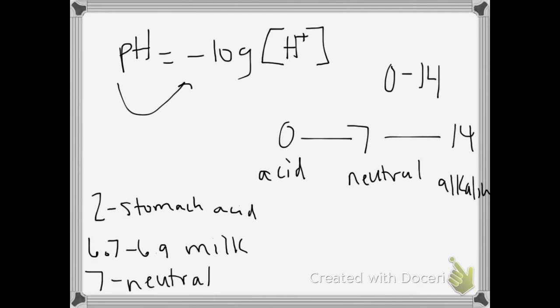And I say supposed to because we don't have pure water. Who knows what's in our water? And then some basic stuff. You have stuff like sodium hydroxide, which has OH. And when you get into the strong bases, this is where you get up to those 14s.